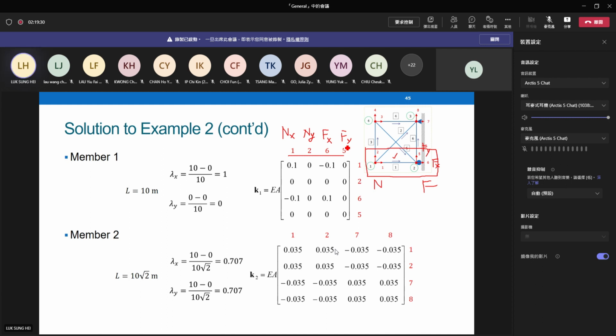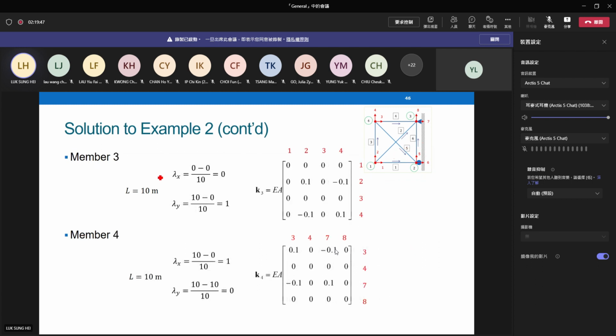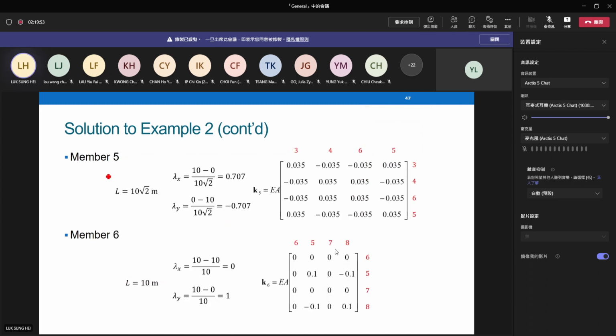So repeat this calculation 5 more times, for element 2, element 3, 4, 5, 6. Here, I'm not going to discuss in detail because it just repeats the same thing 5 more times, and I give you the answer. You may double check if you have time. Repeat the same calculation 6 times in total.